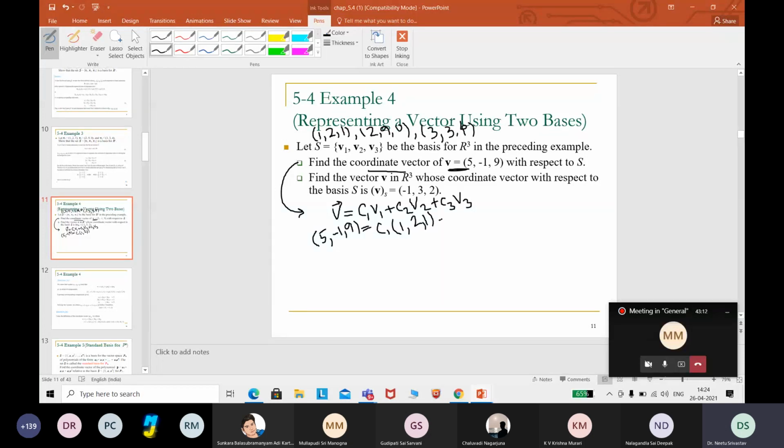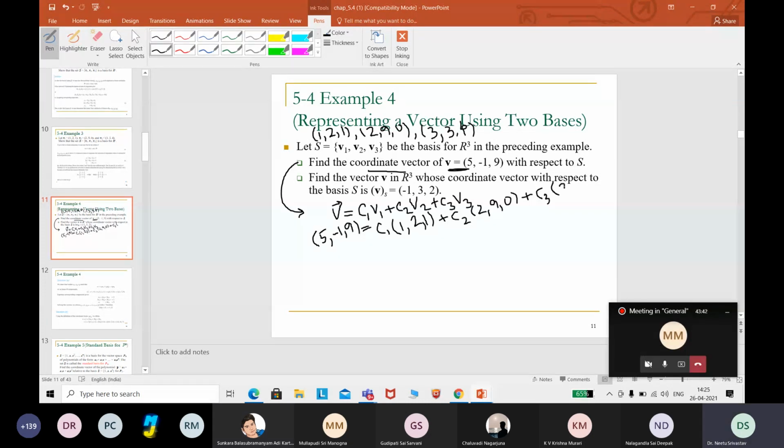Which coordinates should I take so that I will be able to write this specific vector 5, minus 1, 9 as a linear combination of these vectors? So now all of you quickly solve this and tell me the answer. This is going to give you a system of linear equations that is non-homogeneous. Left side will be similar to what you got in the previous one. Right side will be 5, minus 1, 9.